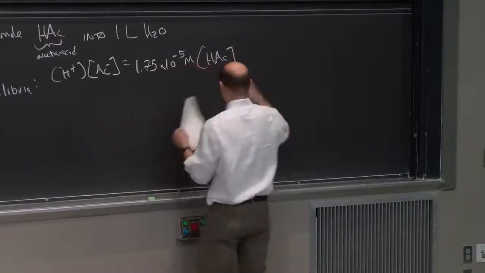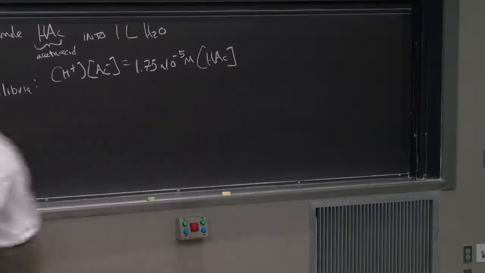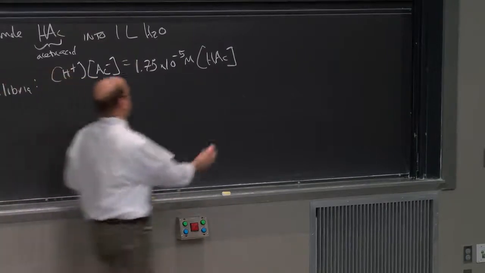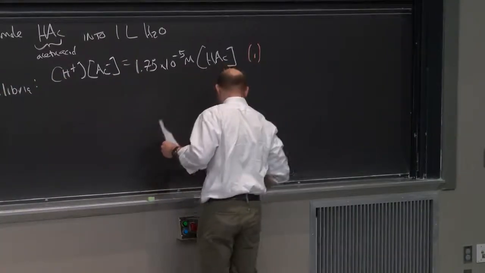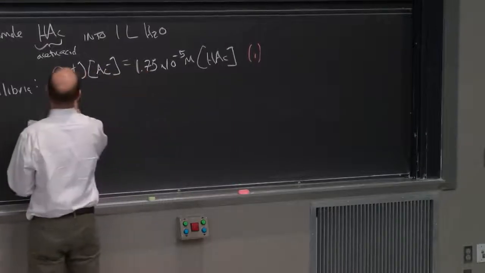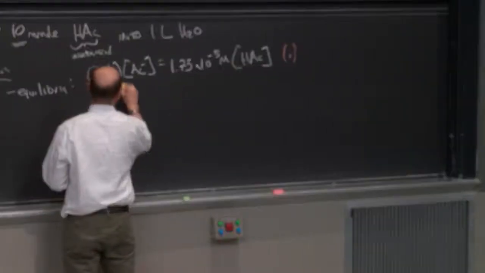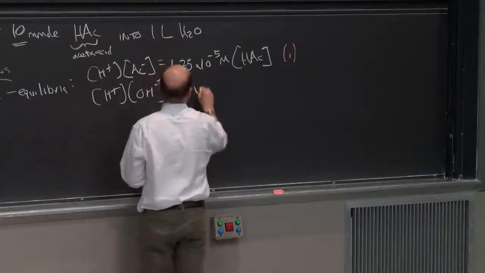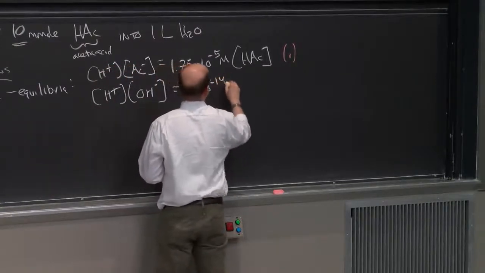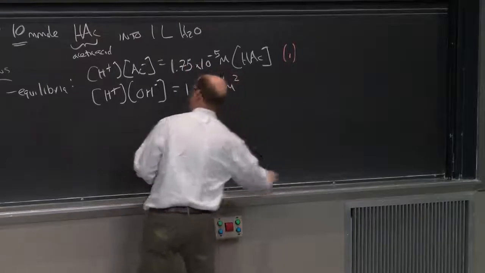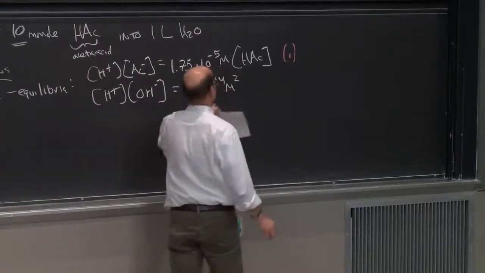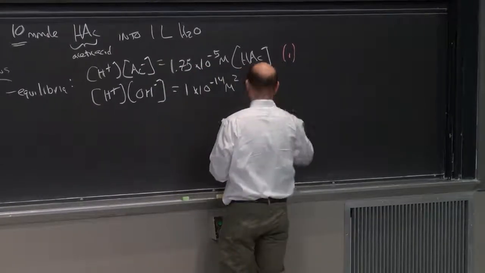We'll call this equation 1. And of course, the second reaction is nothing other than the ion product of water. That's just the concentration of protons times the concentration of hydroxide anions has to equal 10 to the minus 14 molar squared. That'll be equation 2.